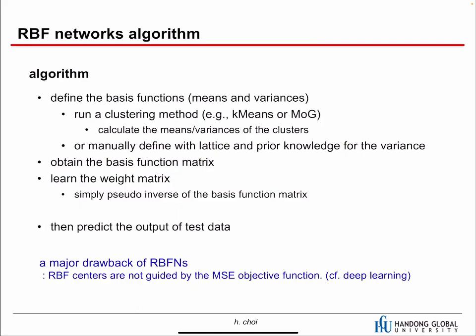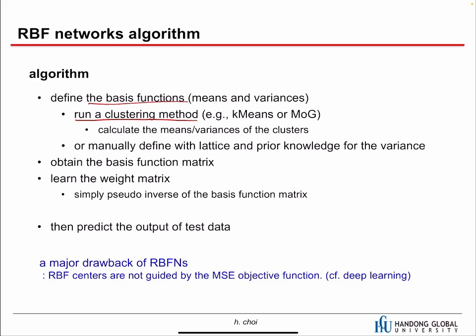The RBF network's algorithm is really simple. First, define the basis functions. We have to define the means and variances because RBFs are Gaussian functions. If you want, you can use a clustering method to have basis functions where there are lots of data samples.